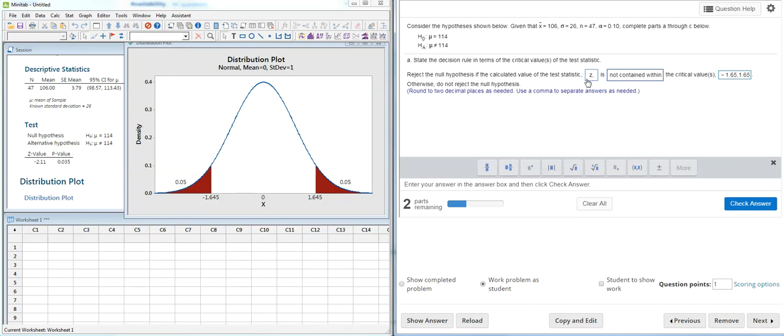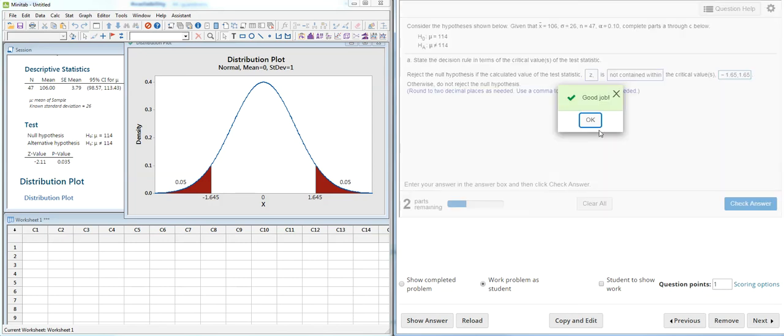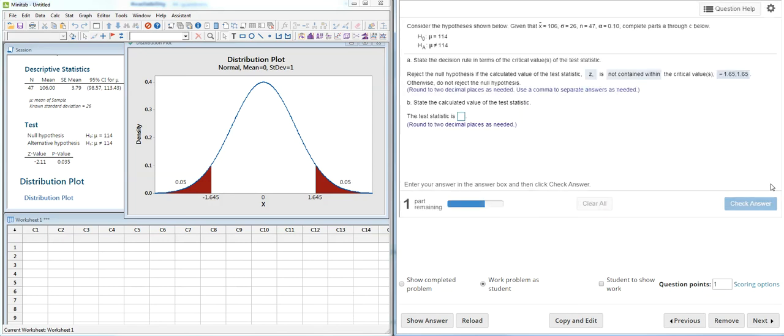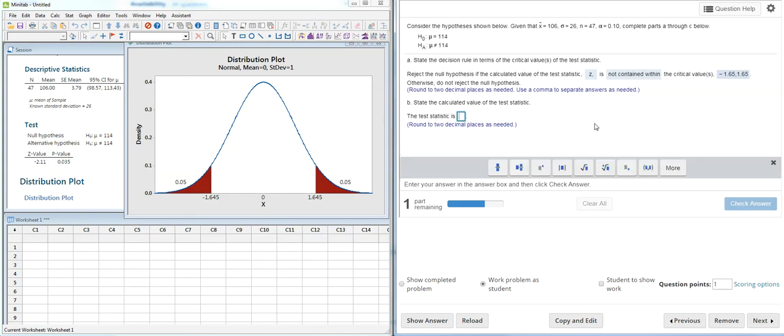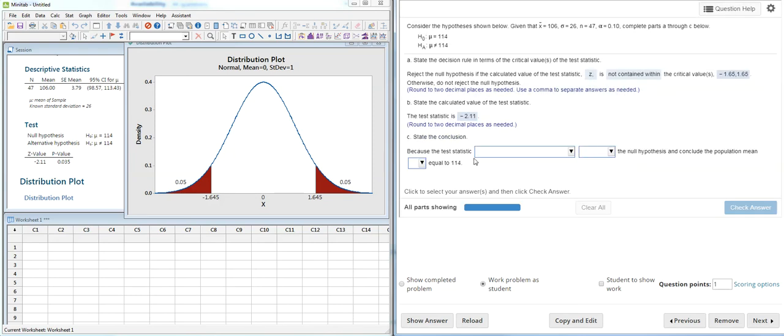So in particular, since I'm looking at Z and these are my critical values, I will reject. Reject if it's not contained between the two. What's your test statistic? Now I need this. I did it too early. And I want two places, so there's my test statistic.